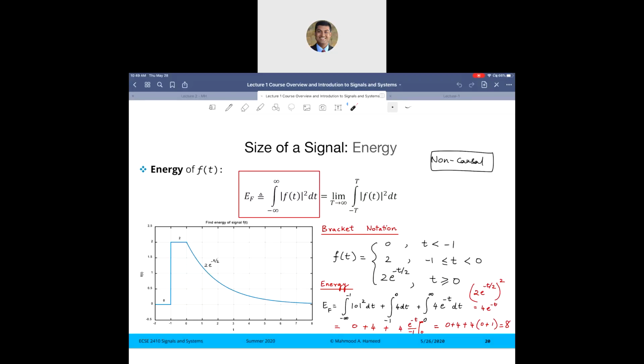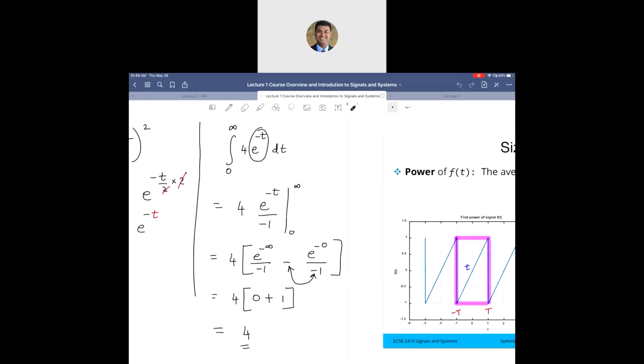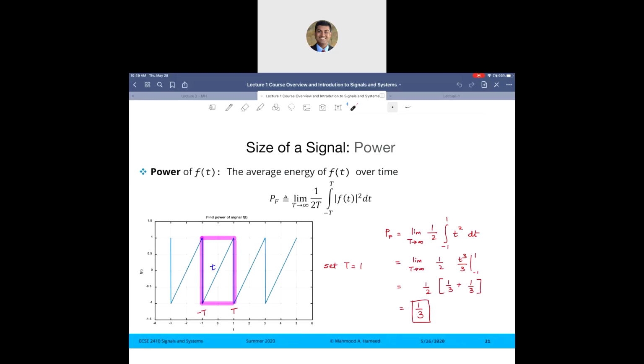And then we moved into the conversation of the power of the signal, which is essentially the average energy of f(t) over a period of time. One thing to note, and you guys have been talking about that, is that for a periodic signal, like the one shown over here, the power is essentially the power of one period, because after that it is just a repetition of the same period.